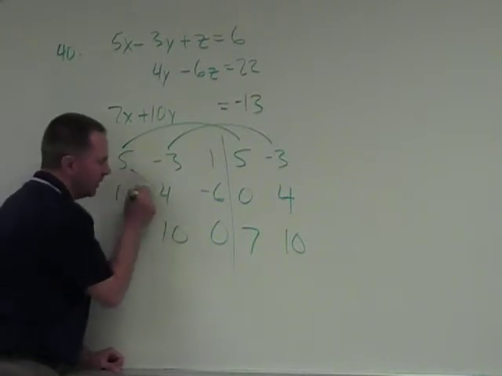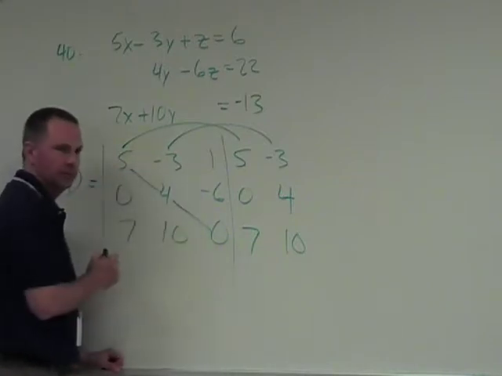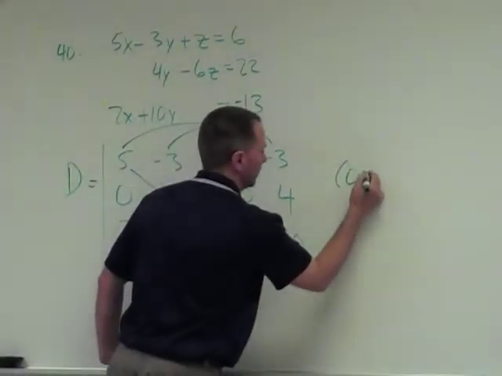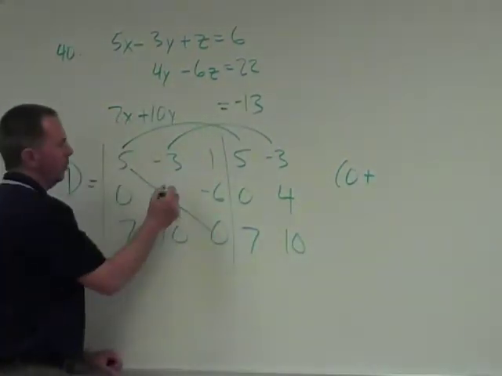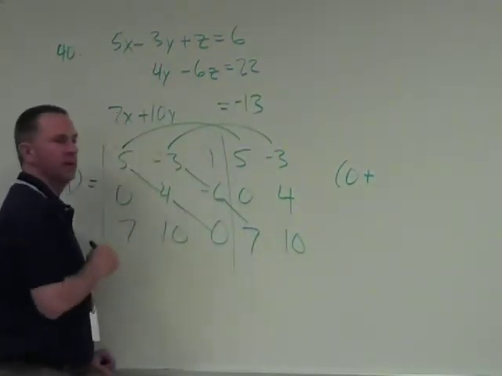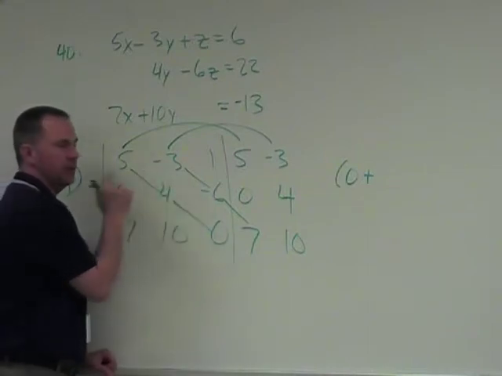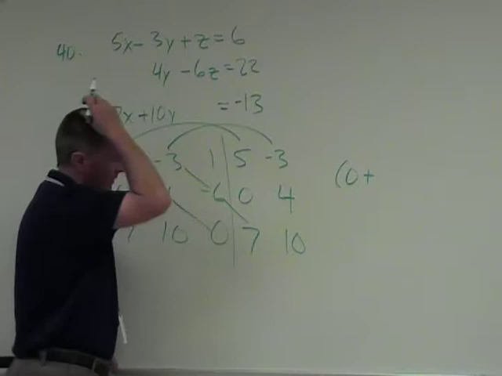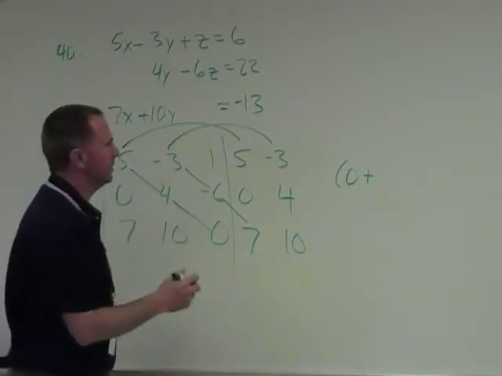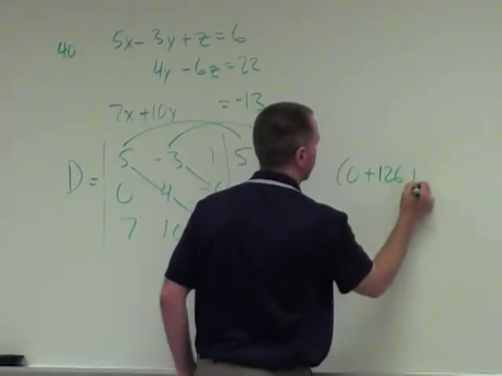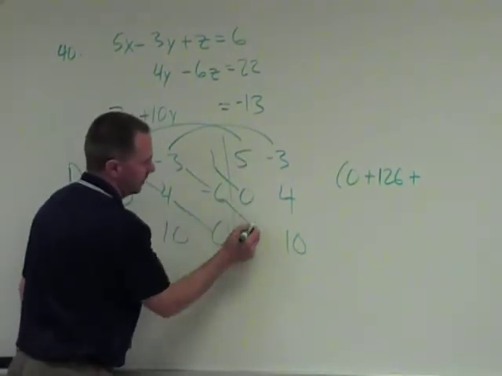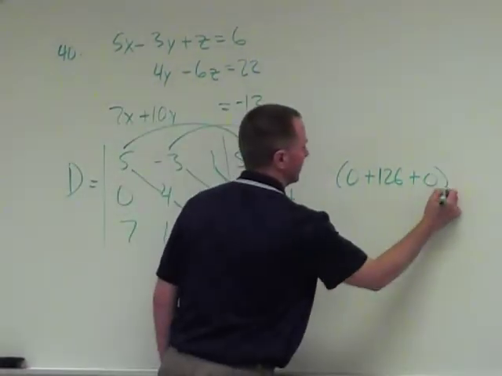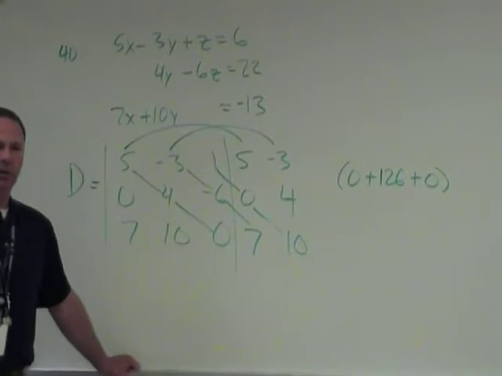Starting here. So 5 times 4 times 0 is 0. And you're going to add all your downward diagonals together. Negative 3 times negative 6 is positive 18. And 18 times 7 is 126. And 1 times 0 times 10 is 0. Those are all your downward diagonals.